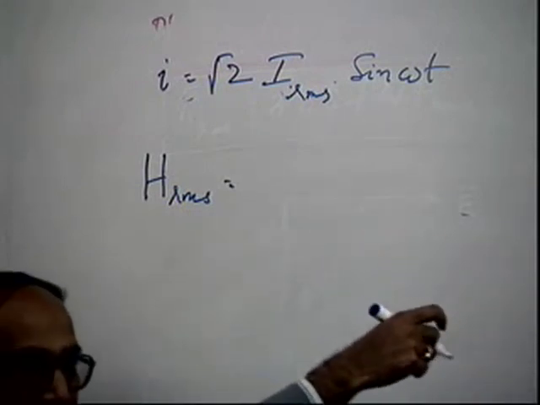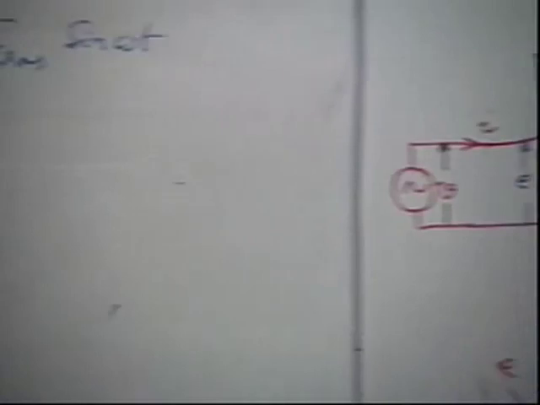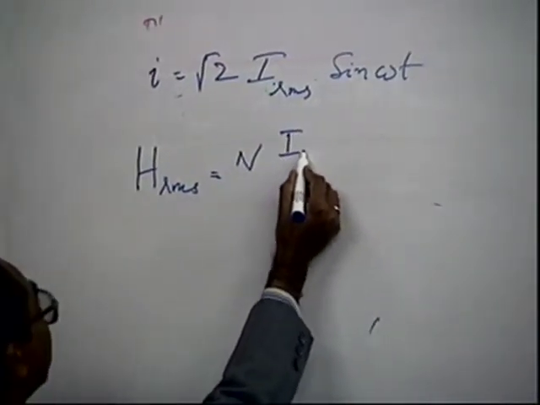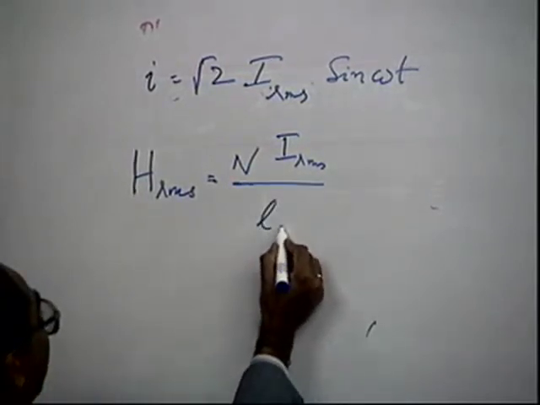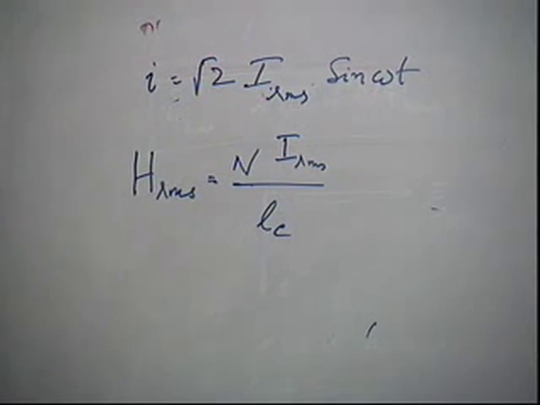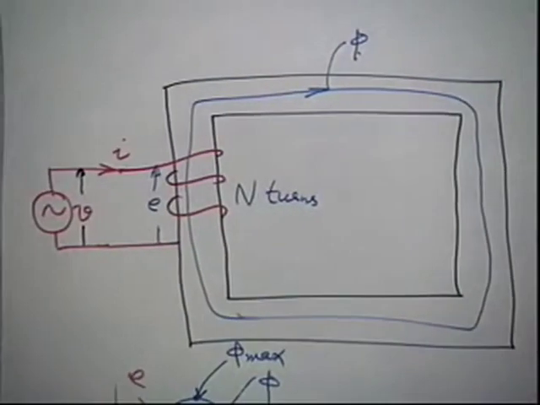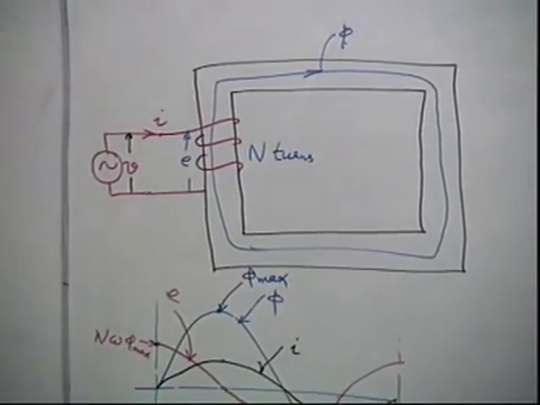That is, RMS H is also varying. So that will be number of turns into I by the length of the core. Because with sinusoidally varying I, H also will vary sinusoidally with time at all points in the core.